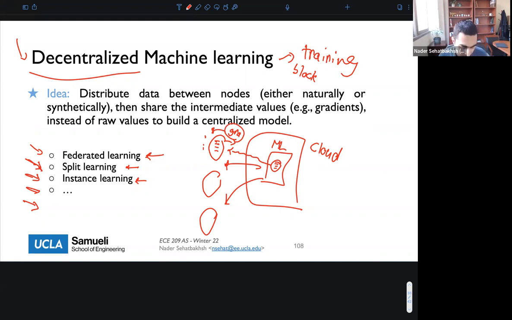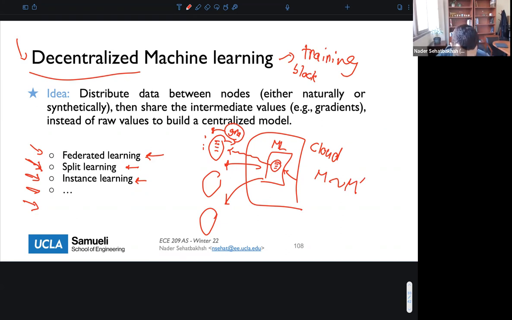But on the other hand, by just combining these gradients, people have shown that the machine learning model created by these partial gradients would be almost as accurate as the model trained in a centralized manner, right?